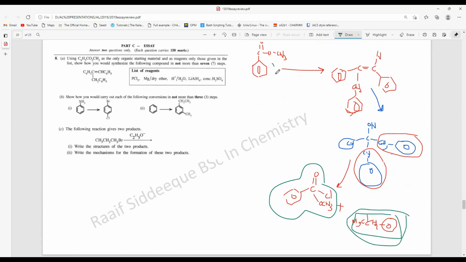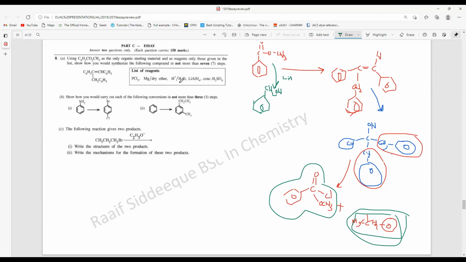For that, what you can do here is, you have been given lithium aluminium hydride. So you can reduce this compound, right? You do the ester reduction. When you add lithium aluminium hydride, then H2O, you will end up with CH2OH.